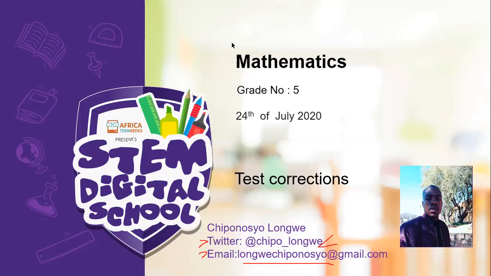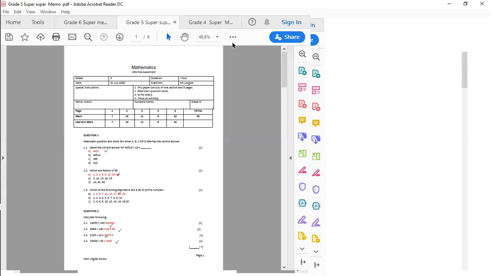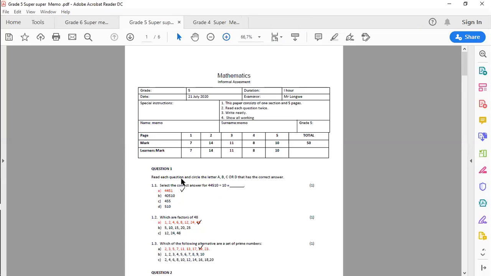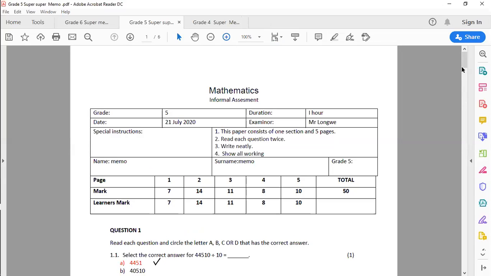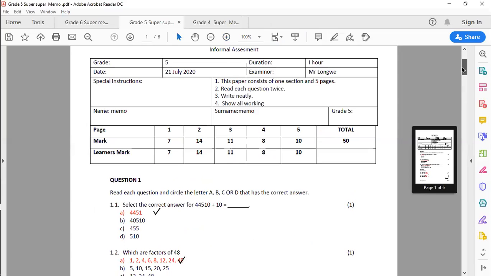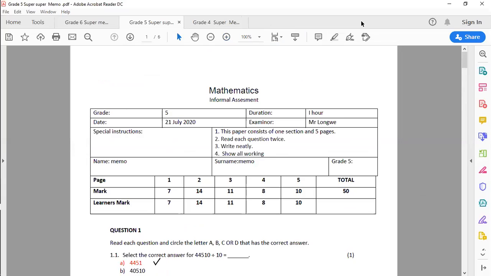We'll call it the memo. This is grade 5. Are we all able to see Adobe Reader here? I just want to make sure that we're all able to see the test. Awesome. All right.